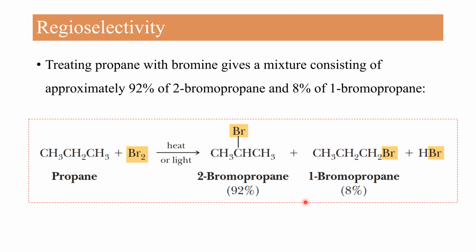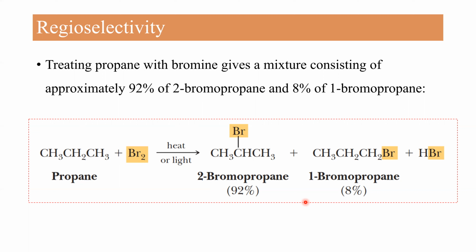Now the question is: how can we predict, and what is the thing that is regulating why we should have one product as a major and one as a lesser one?